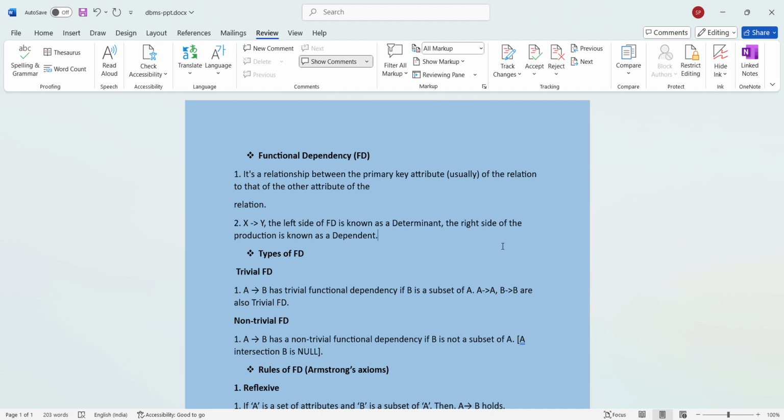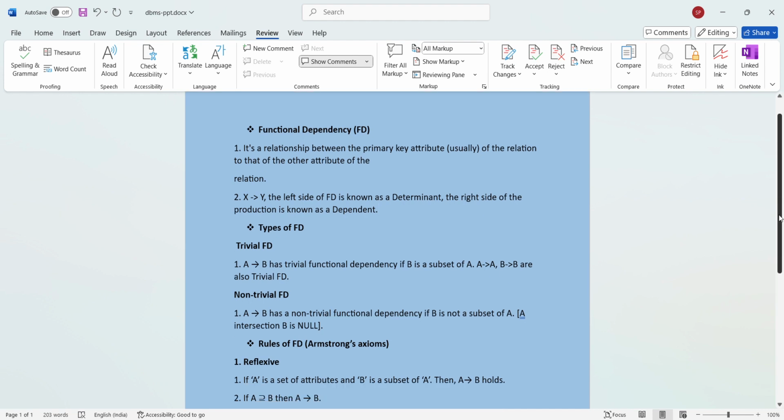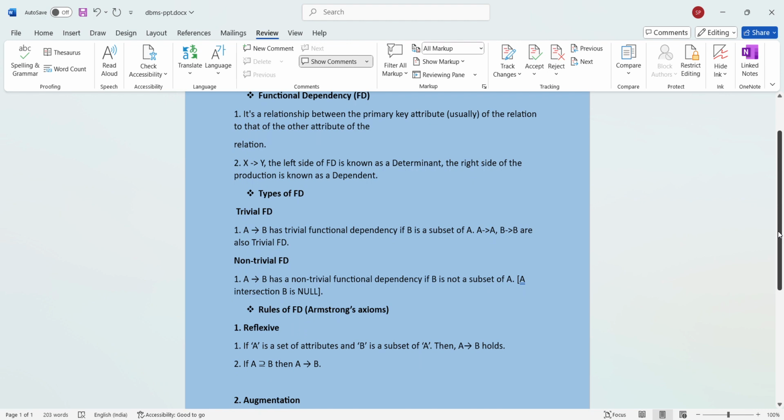There are two types of functional dependencies: trivial functional dependency and non-trivial functional dependency. In trivial functional dependency, if A is determining B, that means A tends to B, and B is a subset of A. Consider an example.